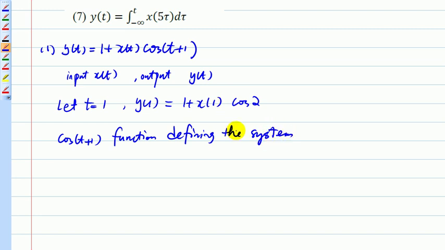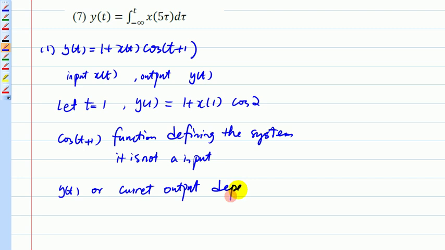It is not the input. So you will see that this system is a causal system, because y of t, the current output, depends only on the current input.